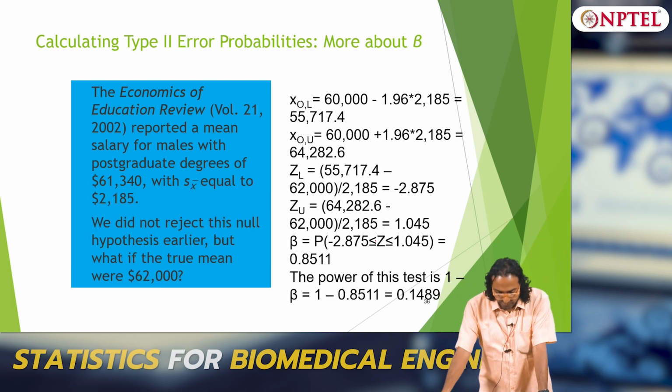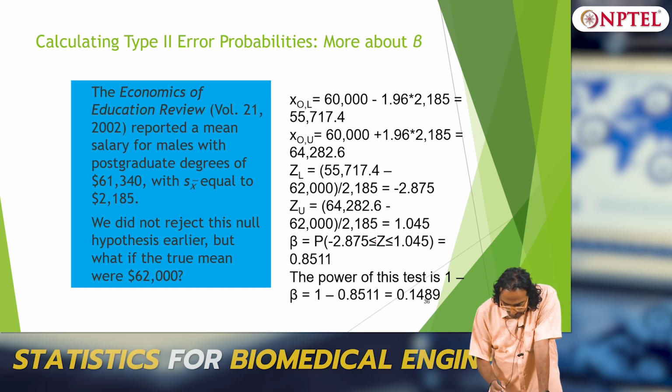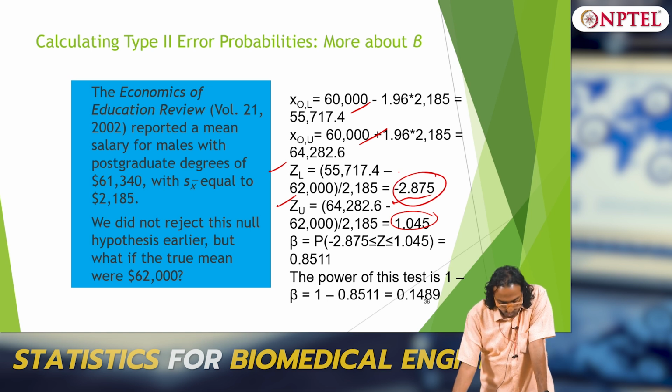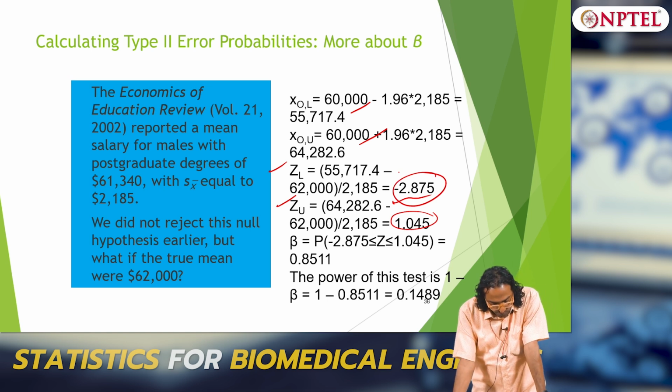Upper and lower limits we know, right. So we know the acceptance region, Z lower and Z upper are known to you. Minus 0.28 to 1.045 is the acceptance region, clear.